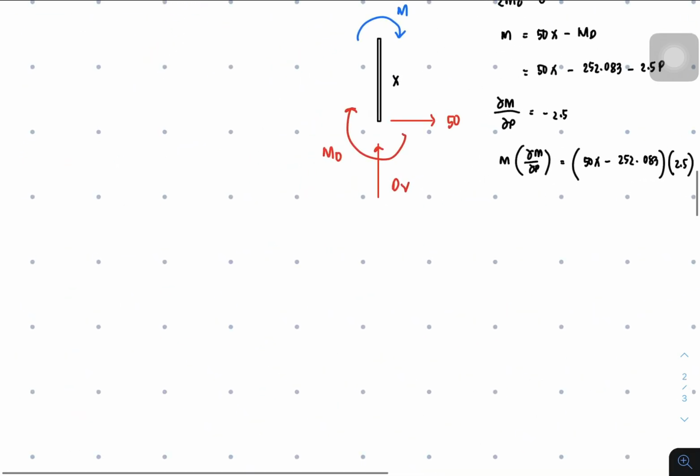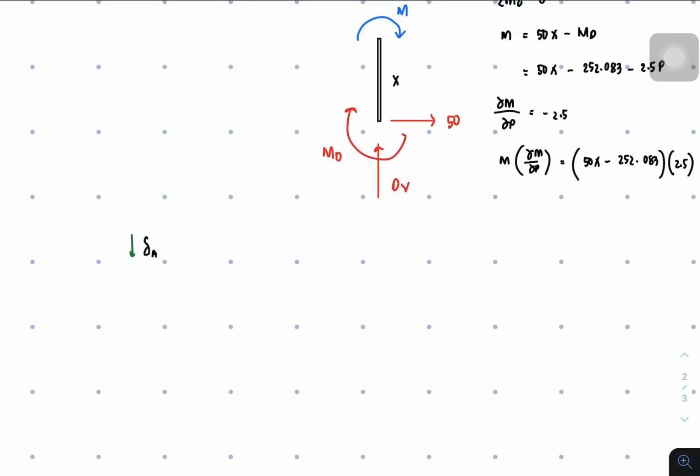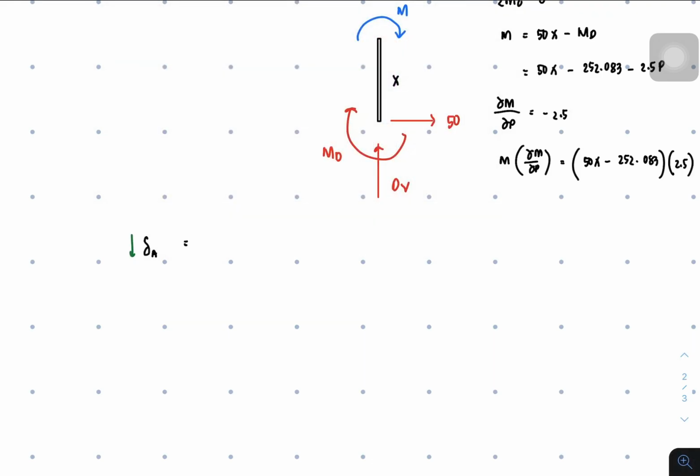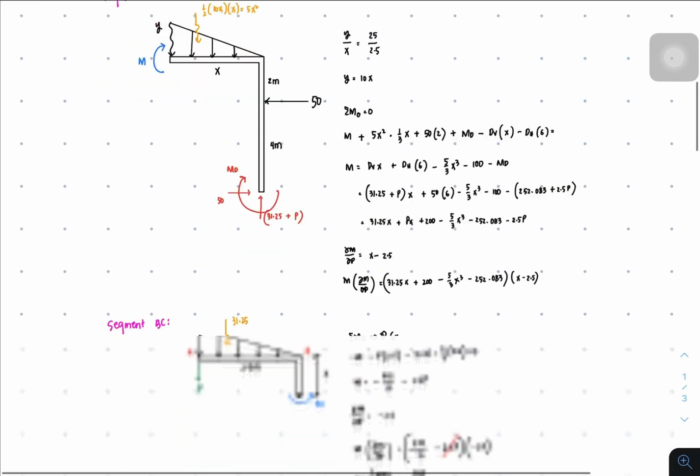we can now create the vertical displacement at point A to be downward, and that is equal to the integral, or the 1 over EI of the integral, the moment times the partial derivative of m with respect to p dx, and this is from AB, then plus, by the way, AB measures 2.5.